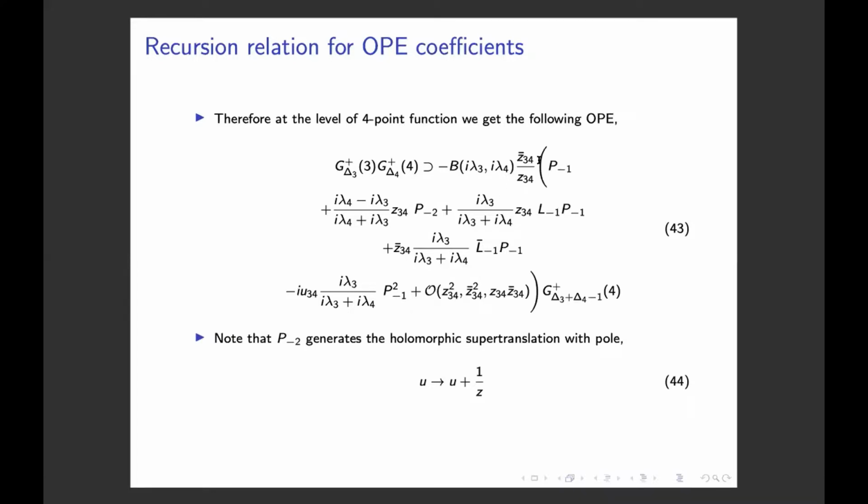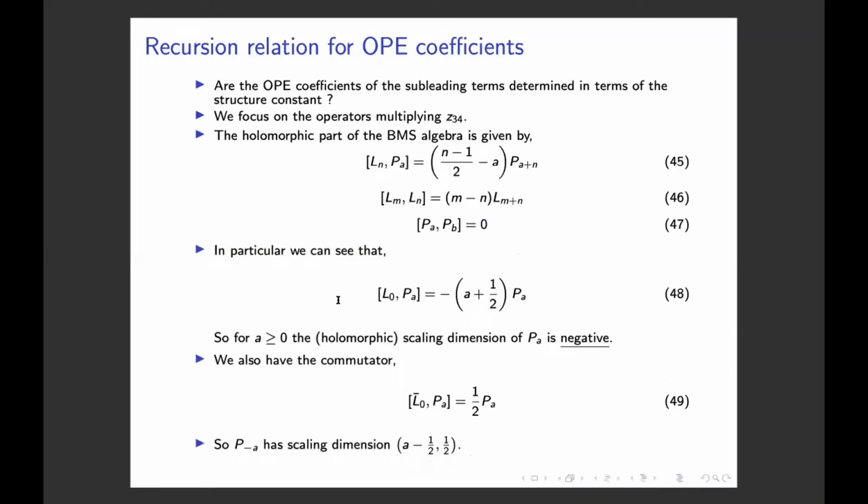From here you can see that this is in increasing power of the scaling dimension, because P minus 1 has scaling dimension half. It actually follows from this algebra. In particular, you can look at the scaling dimension of the P's.